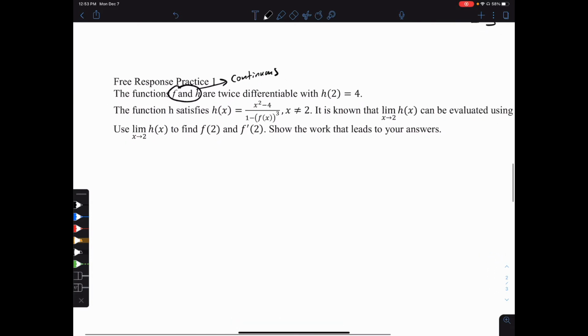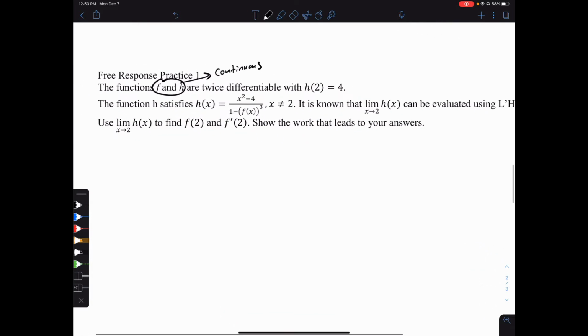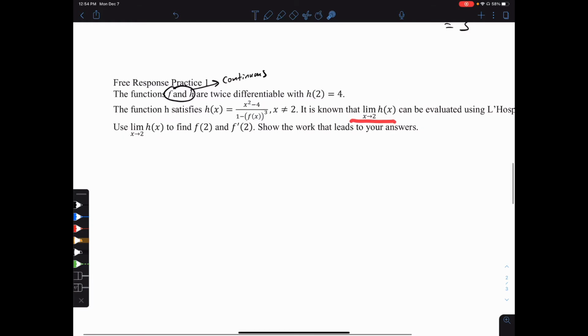That's important. I'll come back to that in a moment. The function h satisfies this mess right here, where x cannot be equal to 2. It is known that the limit as x approaches 2 of h of x can be evaluated using L'Hopital's rule.